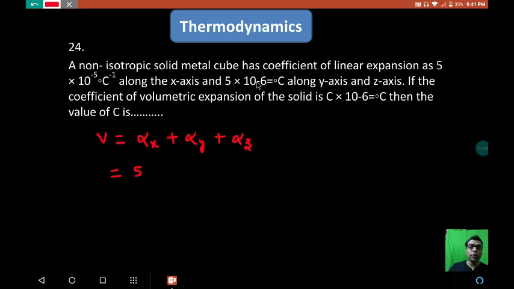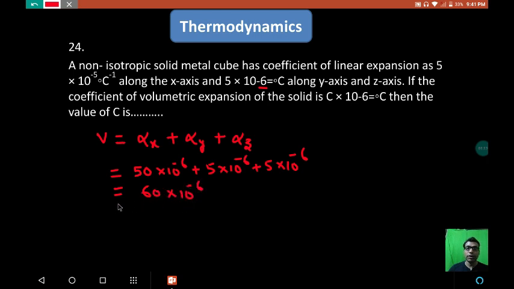Because the 10 power minus 6 is remaining, I convert the minus 5 to 50 into 10 power minus 6 plus 5 into 10 power minus 6 plus 5 into 10 power minus 6. The value comes to be 60 into 10 power minus 6. If we compare to the given expression, c into 10 power minus 6, the answer is c equals 60. So this is the answer.